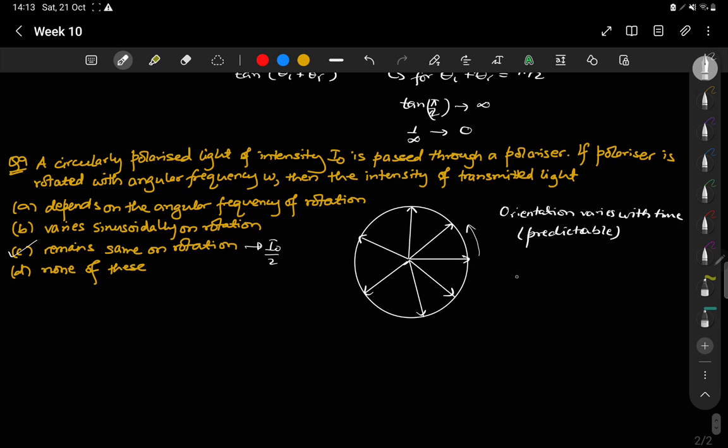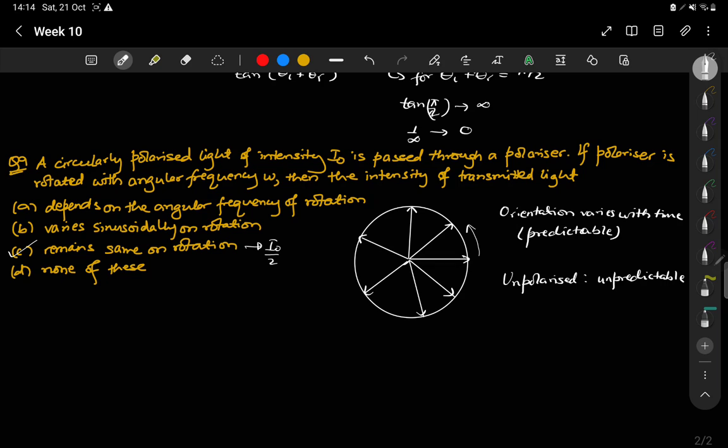However, for unpolarized light, the orientation is unpredictable. So it will not go nicely and uniformly around the circle. At one instant it could be horizontal, next instant it could be vertical, third instant it could be over here, fourth instant over here, then fifth time here, sixth time here.